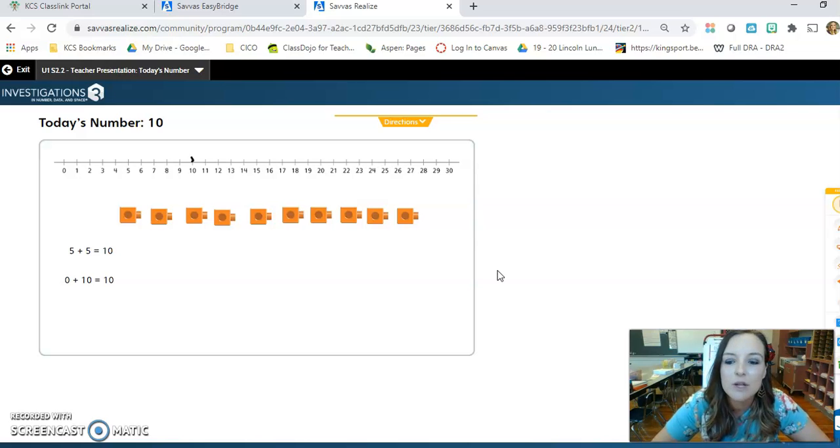But for now, I want you to find at least 3 more equations that equal 10. So take just a few minutes to do that, and then the next video you're going to watch tells you more about the game that we're going to play today, which is called 5 in a row with 4 cards. So figure out what all you can think of, numbers that equal 10, write those down, and then we're going to play a game here in just a few minutes.